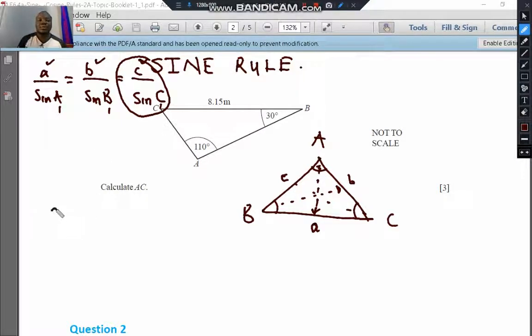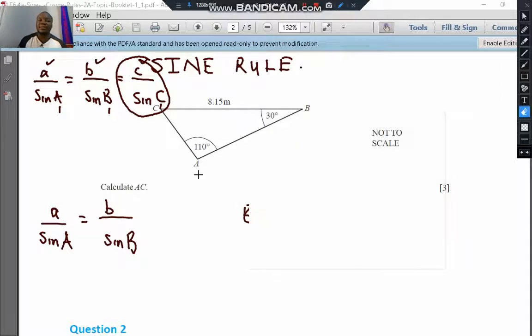So mostly we'll just be using this one here, which says a over sine capital A equals b over sine capital B. It's up to you to determine which angle is going to be the capital A. In the questions, it's not going to be stated, so it is very important and vital that we understand how these formulas are used. Now there is this example here that I want to bring to your attention, which will be the first of the three examples that we'll be doing on the sine rule.